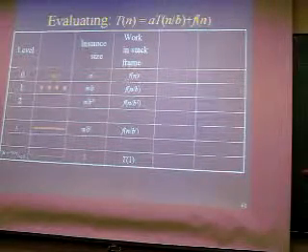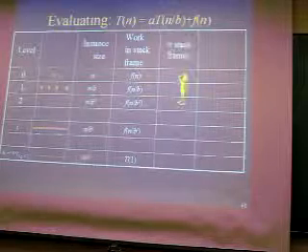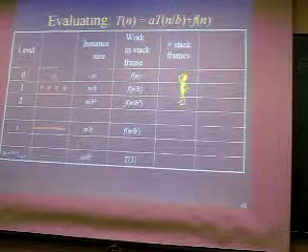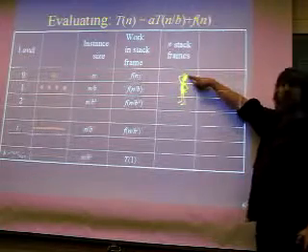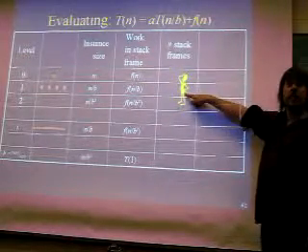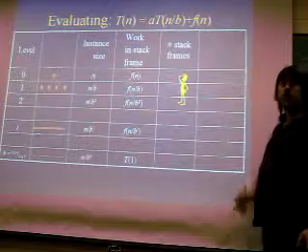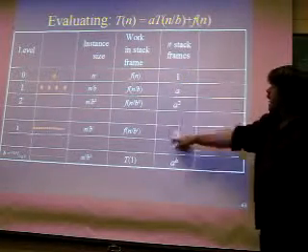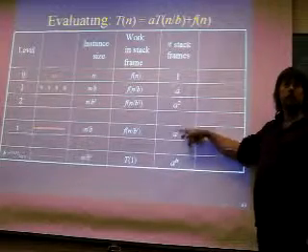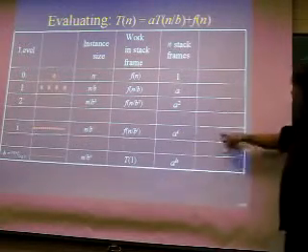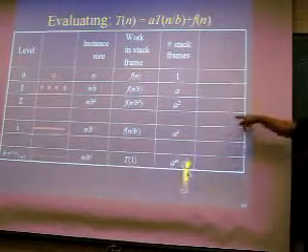How many are there? How many friends do you have? Well, how many of me are there? There's one of me. A friends, a squared. We have a to the i guys at the ith level. Everybody good? So now we want to know what's the total work.